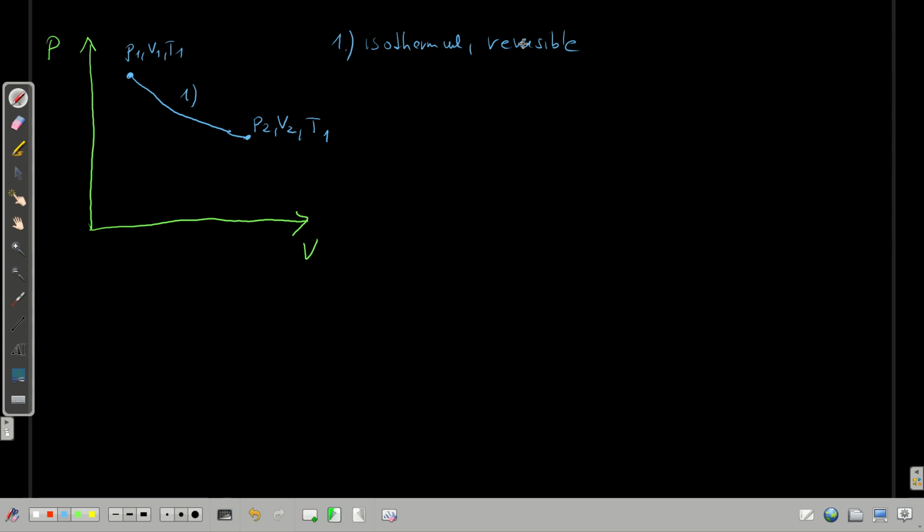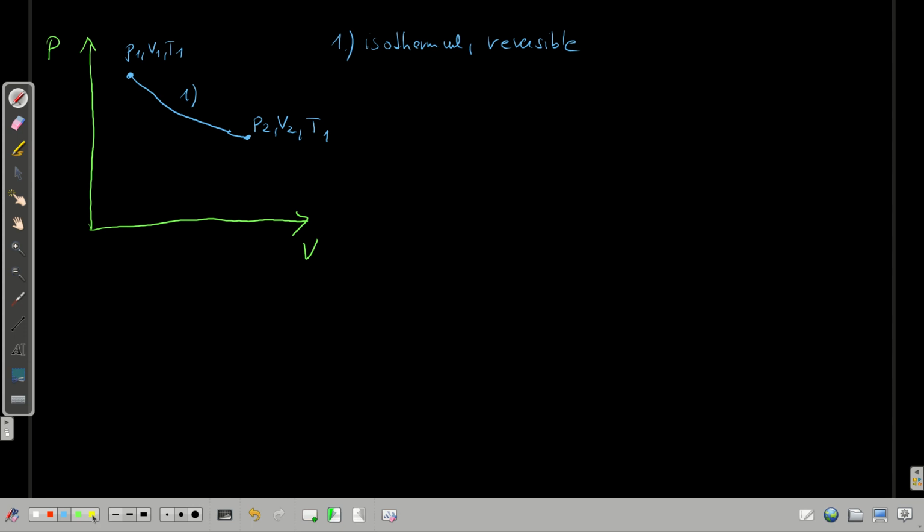The goal of this example is that we have now two other sub-processes, and they end up at the same point here, and it's just checking if, with our constants so far, we can write down with formulas that indeed the change in inner energy for both paths is 0, because for isothermal reversible processes the change in inner energy is 0 because the temperature does not change.